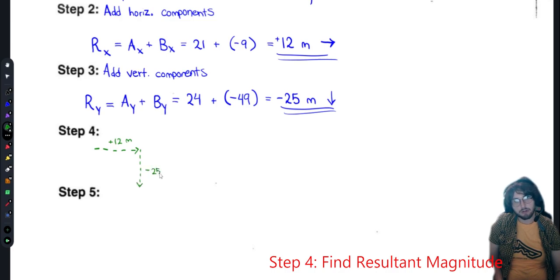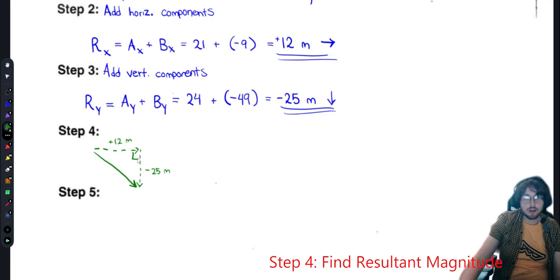Negative 25 meters. So our resultant vector now looks like this, as opposed to the crazy non-perpendicular, non-parallel mess that we had at the start. This is much nicer looking because, get this, we've now created a right triangle.